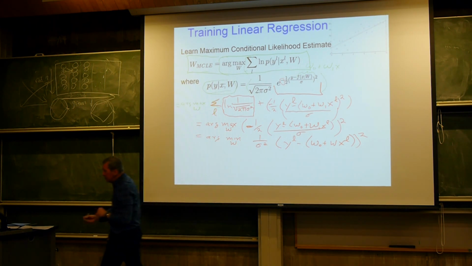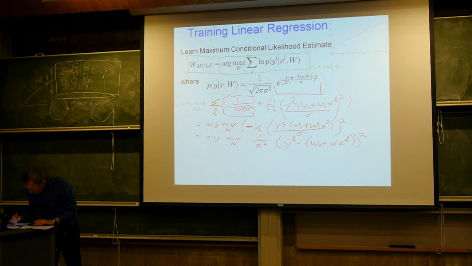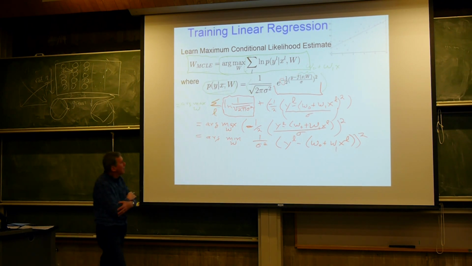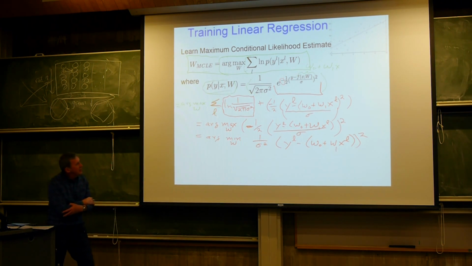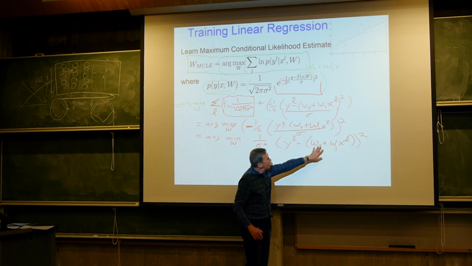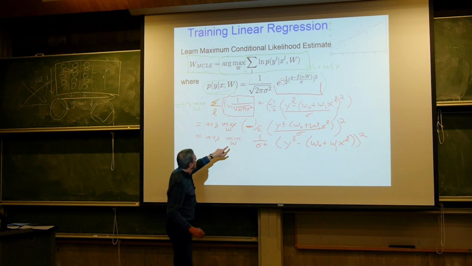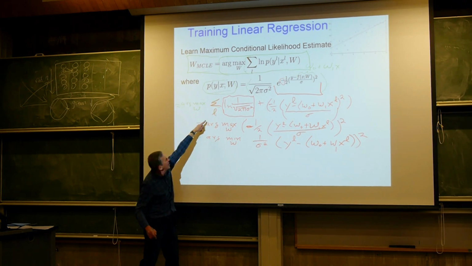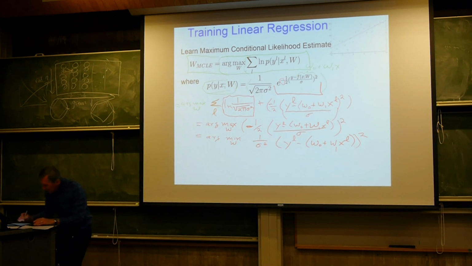according to the maximum conditional likelihood principle, then that's equivalent to saying that I want to choose my weights to minimize, oops, where'd I leave? I left out my sum. You guys should have caught me. Sum over the training examples.